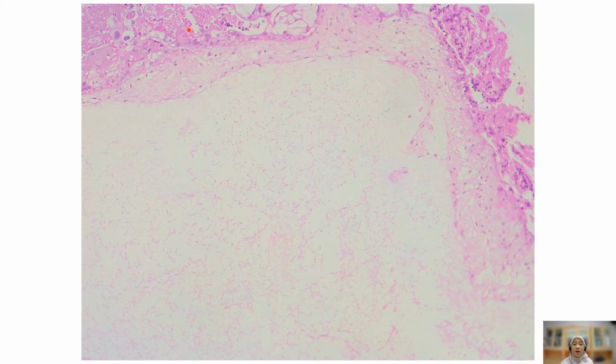Normally, in the first trimester of pregnancy, the trophoblastic cells on the surface of chorionic villi consist of only 2 layers of cells. The inner one is cytotrophoblast, while the outer one is syncytiotrophoblast.